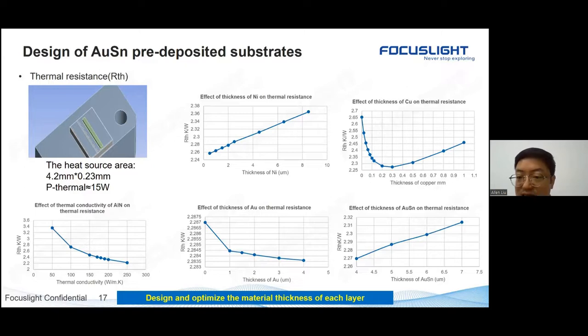So when we design the thickness of copper, we need to find a comfortable point.